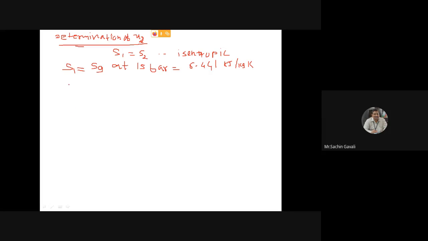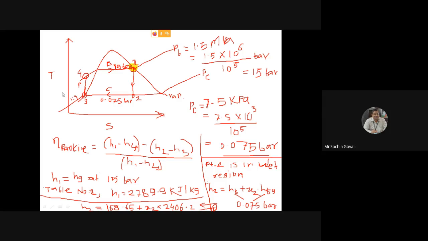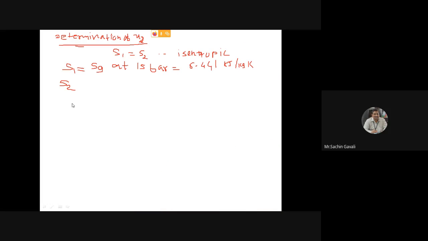Then what is the value of S2? Point number 2, again see the diagram. Point number 2 is again in the wet region. Therefore, S2 is equal to Sf plus x2 into Sfg.